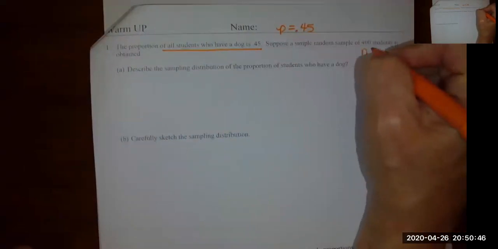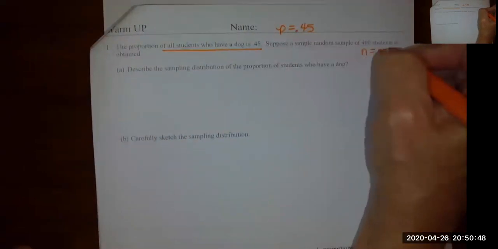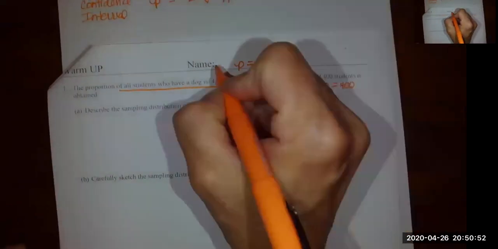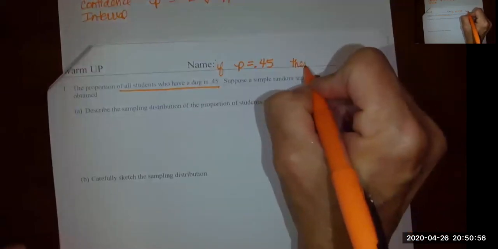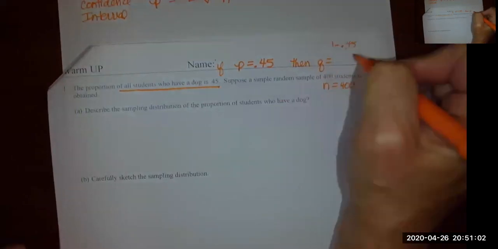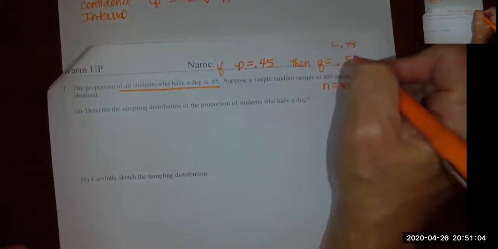So that means what? And if P equals 0.45, then Q equals what? 1 minus 0.45, which is 0.55, right?